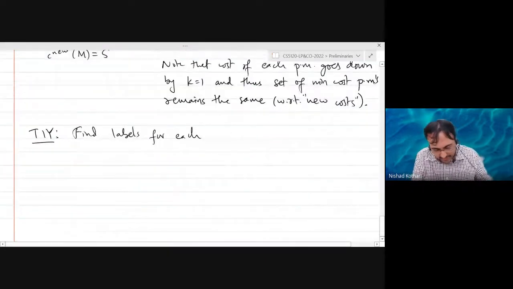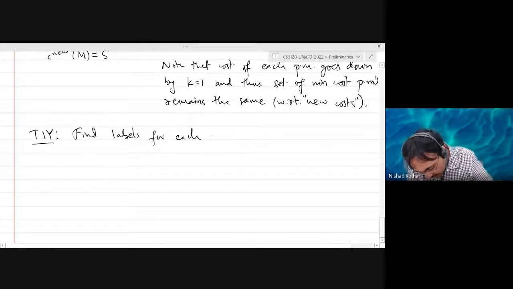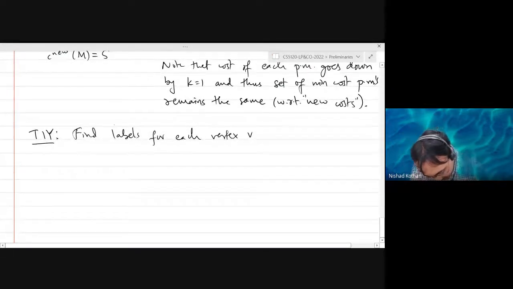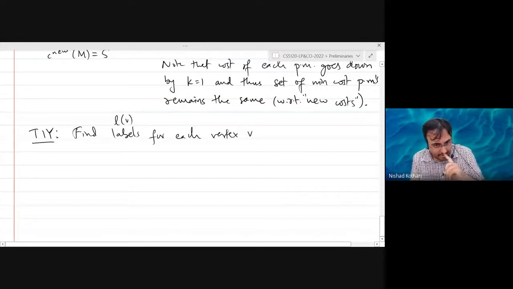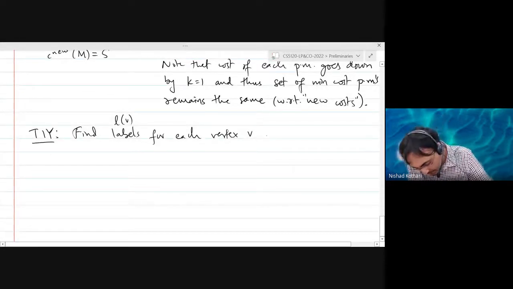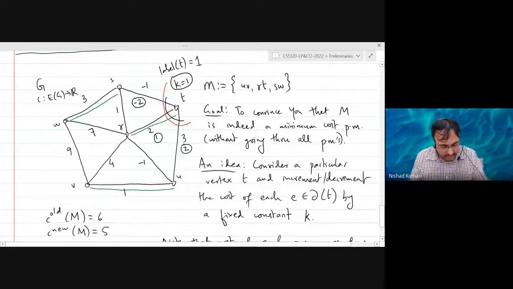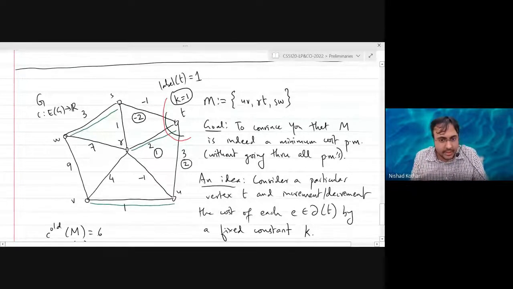Okay, so find labels for each vertex v. So let's call it L of v, such that as per the new cost. So how are we going to compute the new costs? For each edge, we are going to decrease the label for both the ends, right?